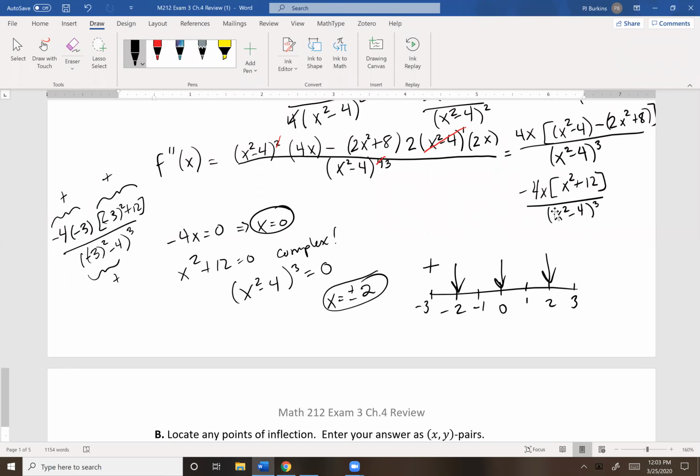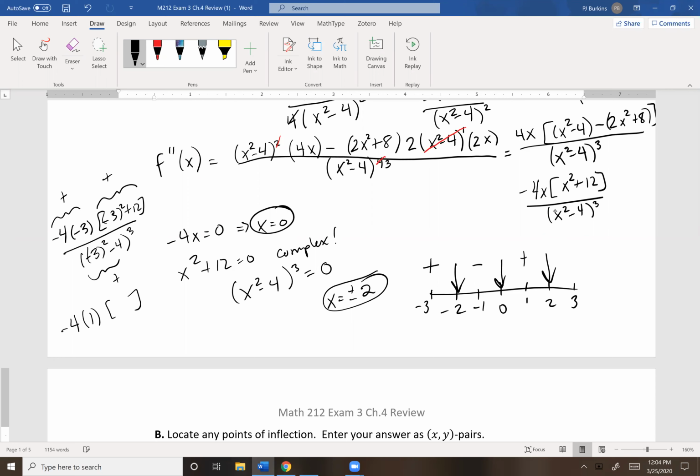Then plug negative 1 in. So that time the bottom's going to be negative. If I plug 1 in, the bottom's going to be negative, but so is the numerator. All right, so if we do that one, we had negative 4, plug positive 1 in.